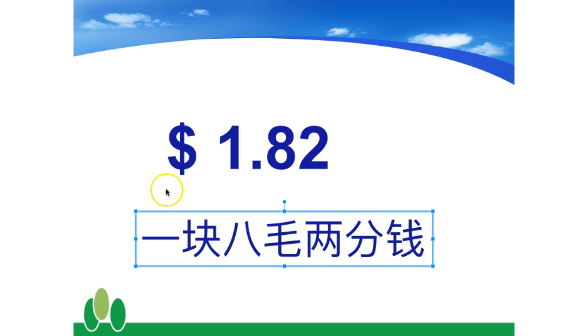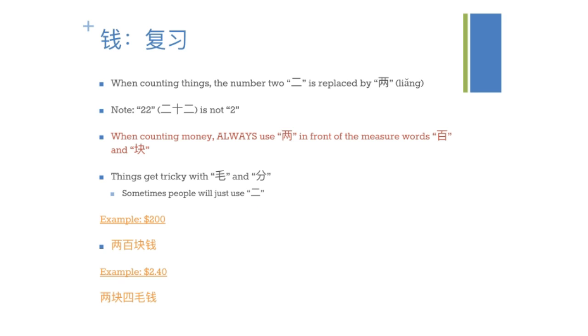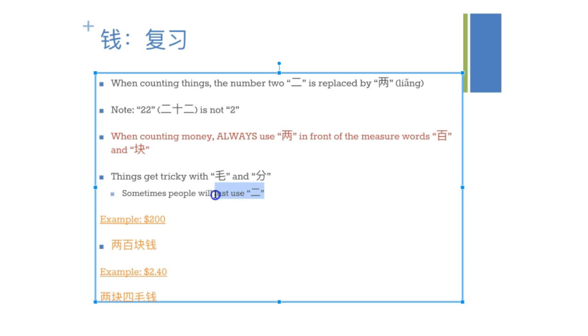However, the reason you saw it as there is because things get a little tricky with mao and in front of mao and then sometimes people will just use. Grammatically, it should be liang, because it's in front of a measure word. But commonly, people would just say probably because they're just used to it. That's just the custom.